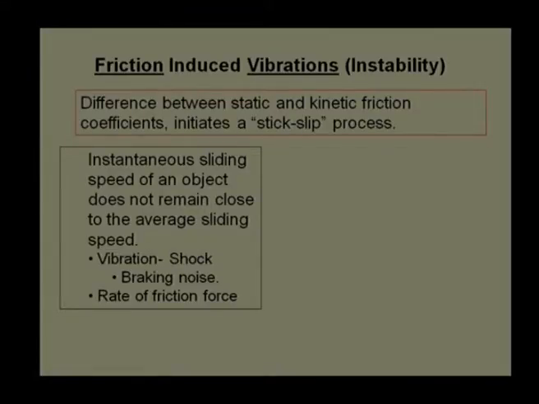Sometimes it is moving at a higher speed compared to the mean speed, sometimes at a lower speed, and that kind of variation in velocity will introduce vibration phenomena. And if vibration phenomena have some lack in the damping, then instability is bound to come.